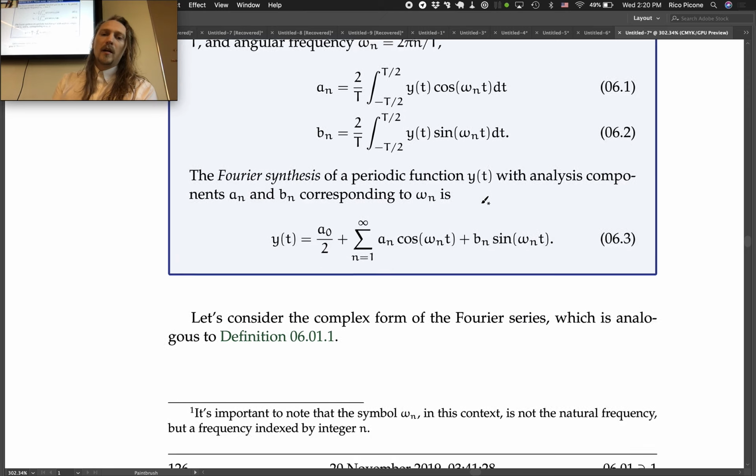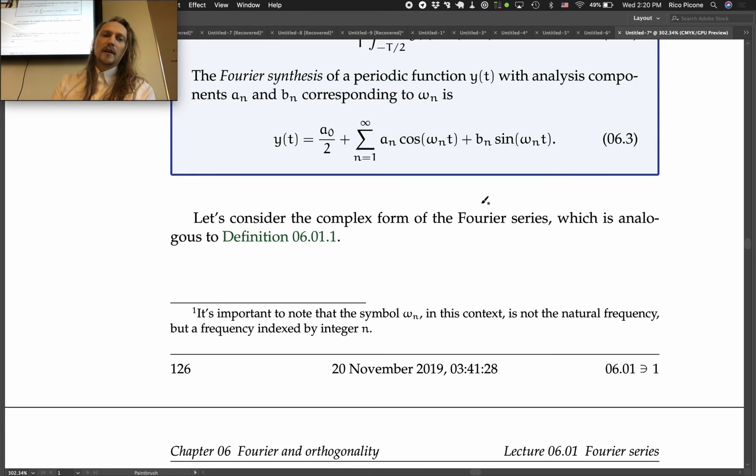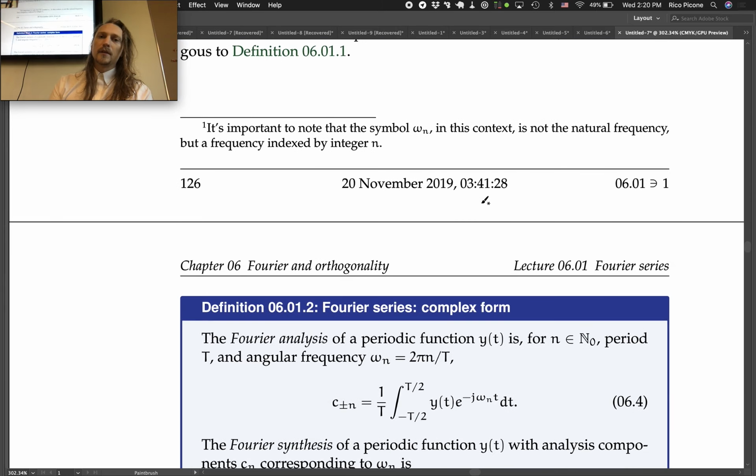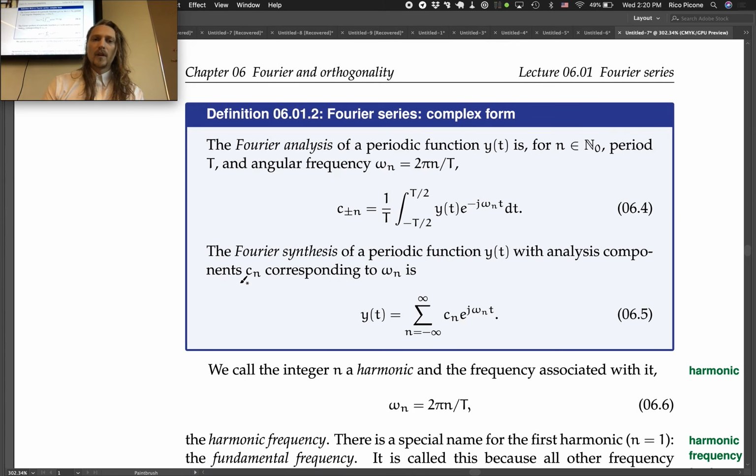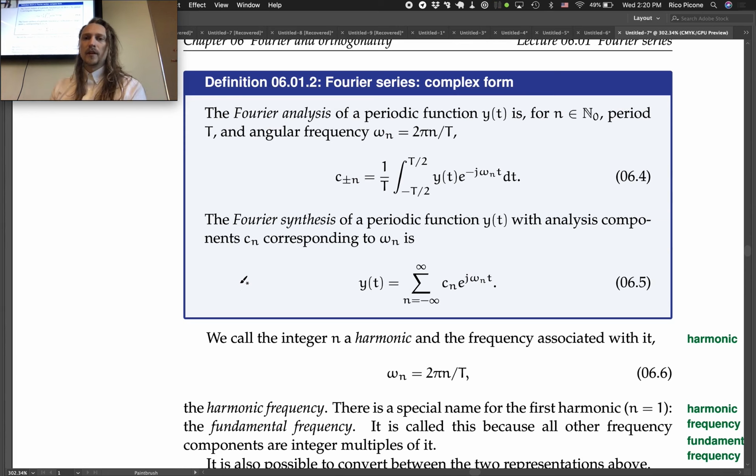Let's consider the complex form of the Fourier series, which is analogous to definition 6.1.1. The Fourier analysis of a periodic function y of t is, for n a natural number including 0, with period T and angular frequency omega n, Cn is this integral, a single integral now of y with the exponential.